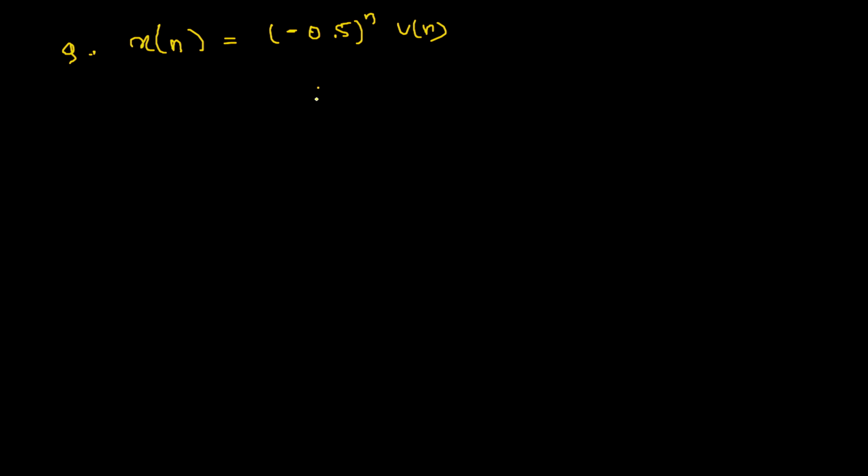The first thing is, whenever there is a function that is just multiplied with u of n, the only thing you need to do is remove all the negative values of that function. Anything on the left side of the y-axis is not going to be considered anymore. So minus 0.5 to the power 0 is 1, there's no difference here.